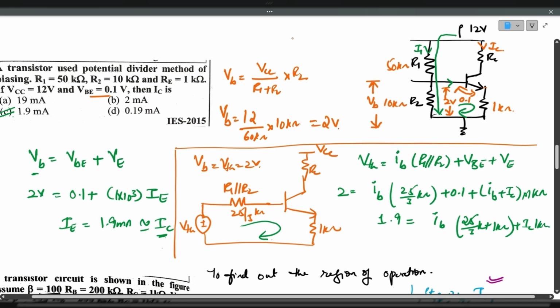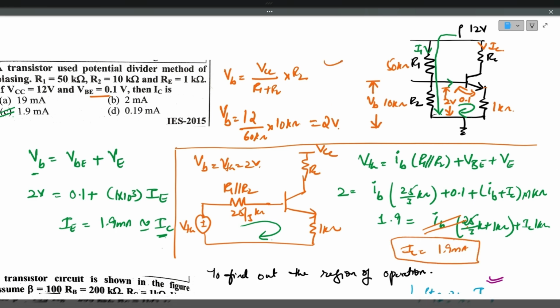So we need to neglect IB because it is very, very small, and IC is equal to 1.9 milliamps. So there are two ways to solve this problem. This is the first method. This is the second method. Okay.